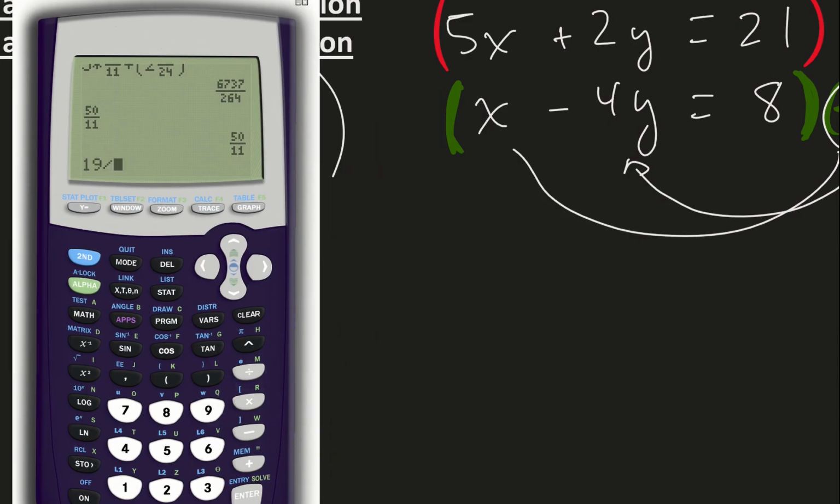So 19 divided by 22, math, enter, which is 19 over 22. So 5 times the x, 5 times that top value, got it, enter, plus 2 times y, go grab the y, there it is.